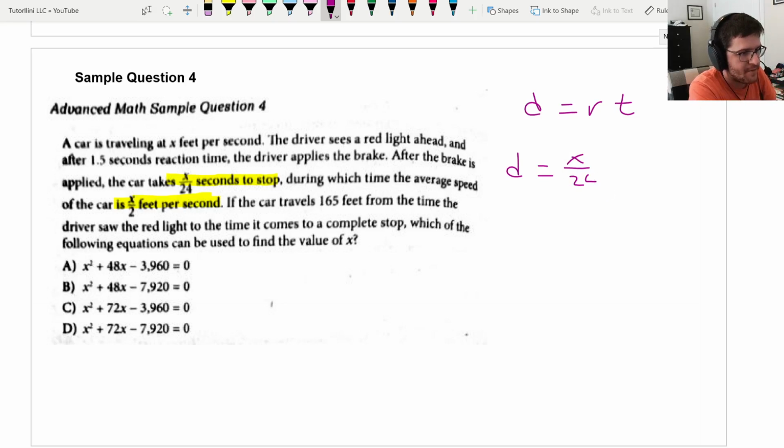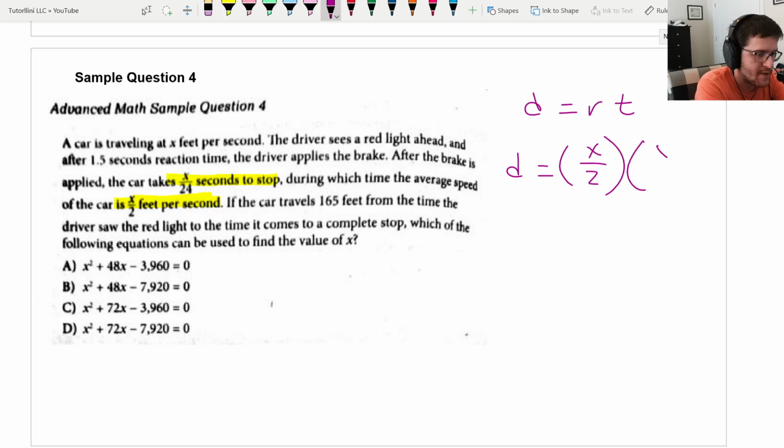No, that's not the rate. The rate is the speed, which is x over 2. And the time is x over 24 seconds to stop. So that gives us a stopping distance of x squared over 2 times 24, which is 48.